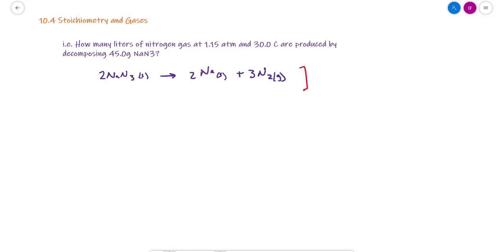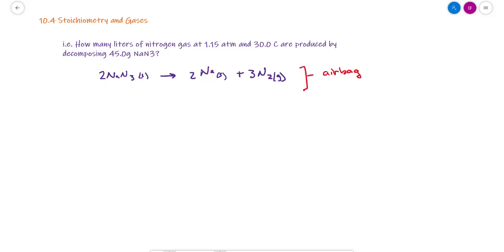This reaction is something that hopefully you've never experienced before, but you may have. This is the reaction that responds to shock or electrical current, or really any energy input, to produce gas in an airbag in a vehicle. And so it's shock sensitive or acceleration sensitive.